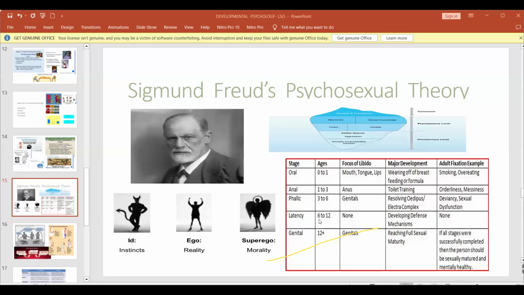From birth up to 1 year, if the child needs stimulation and gratification of the body part, the mouth, during the first stage, what will be the major development or life event? What is the most important life event of the child for the gratification of the mouth?